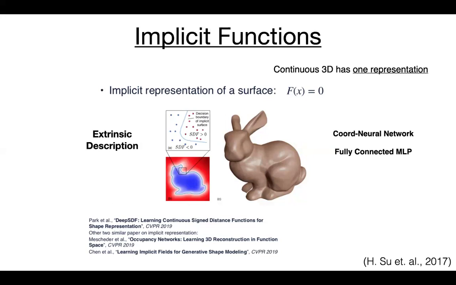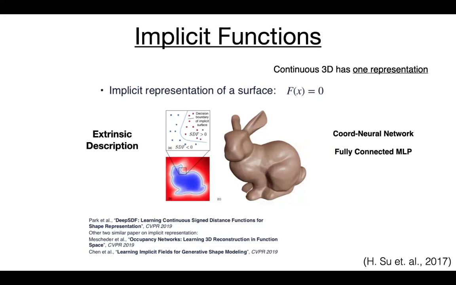And if it's 0, it is exactly on the surface that separates the inside from the outside, right? So this is an implicit representation. It's given by a function, and the surface is the set of points where that function takes the value 0, right? And it is extrinsic because it takes points in the ambient space, the whole space.